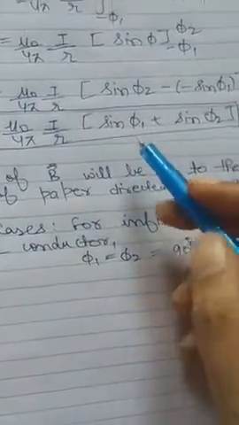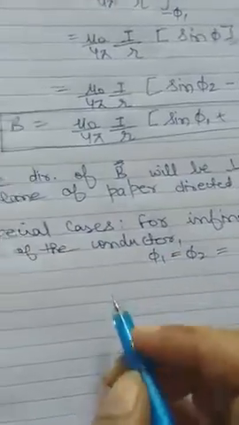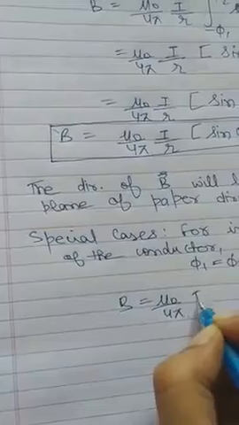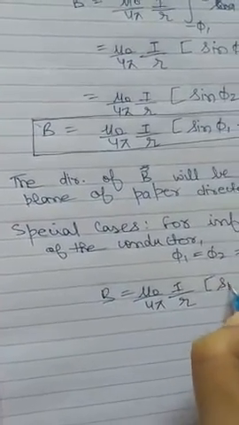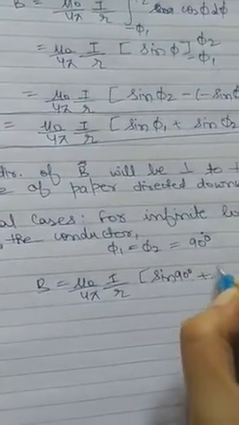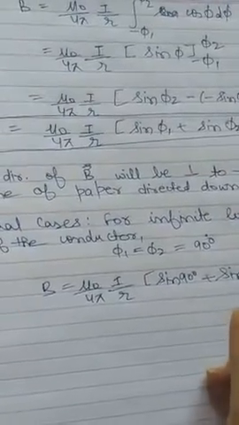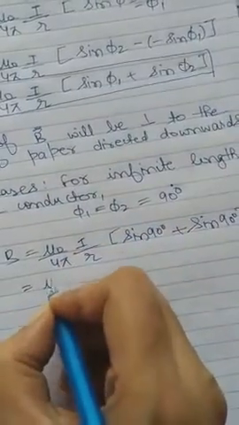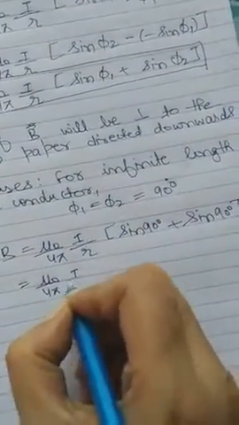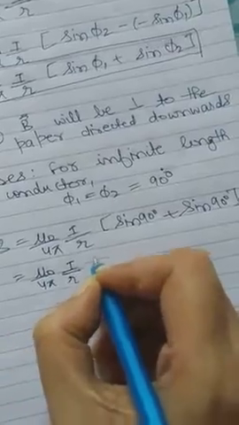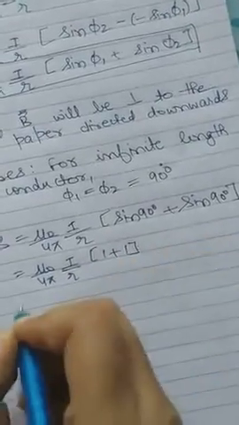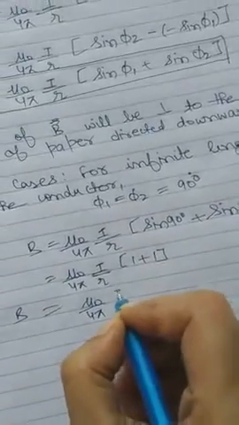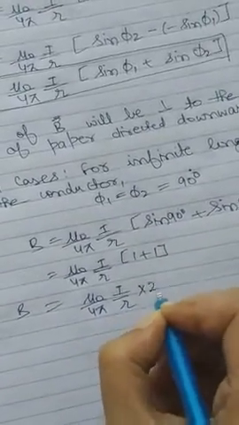So in that case, when you will place phi 1 phi 2 equal to 90 degree, this value will become B is equal to mu naught by 4 pi I by R sine 90 plus sine 90 degree. So sine 90 value is 1. So in that case, this will become mu naught by 4 pi I upon R and 1 plus 1, which is equal to 2.